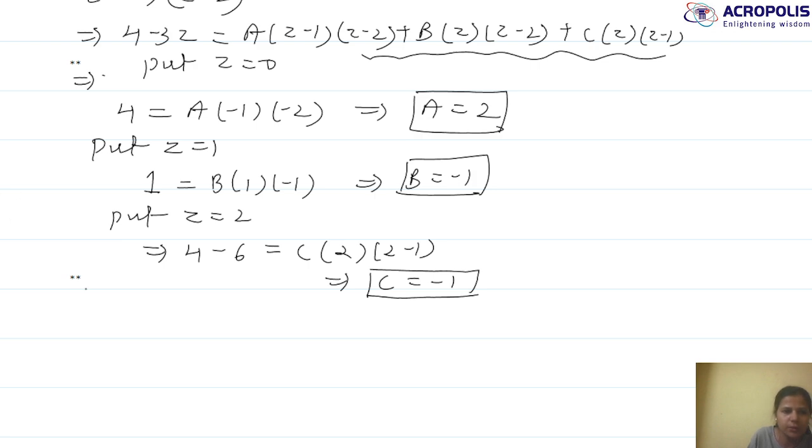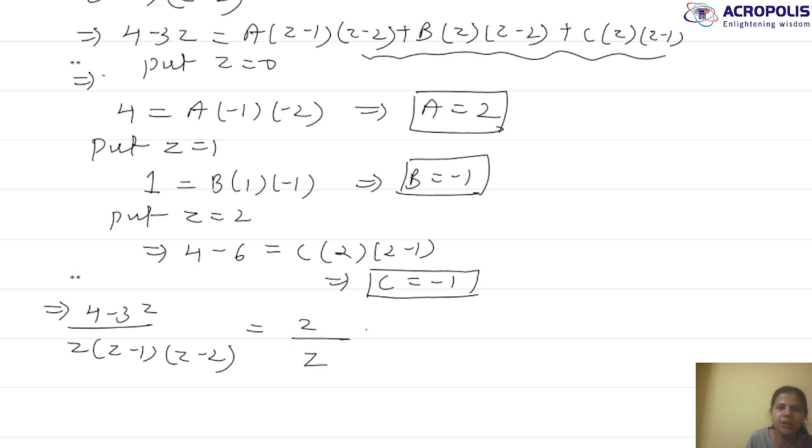So what we have finally is (4 minus 3z) upon z(z minus 1)(z minus 2) equals a, b and c, that is 2 upon z, minus 1 upon z minus 1, and minus 1 upon z minus 2.